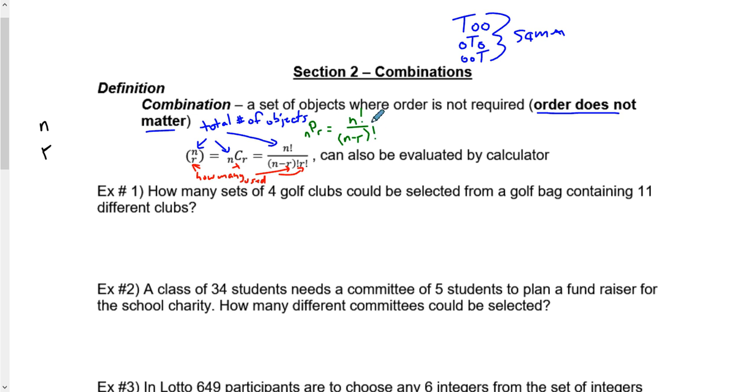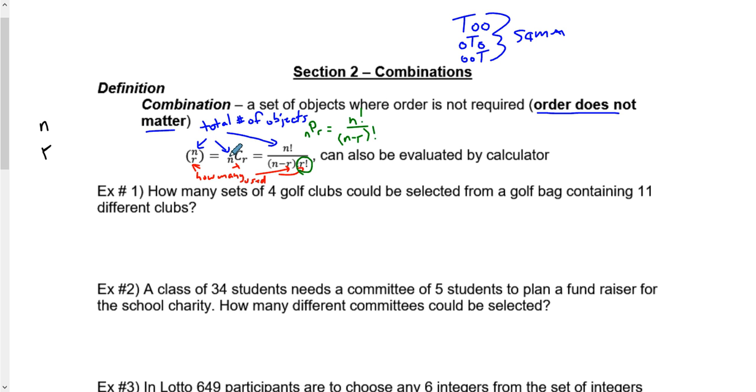The biggest difference is this R factorial part, which helps identify that it eliminates any of the elements that are using the exact same ones. So that's the biggest difference between the permutation and the combination.